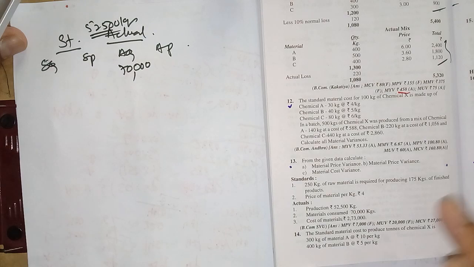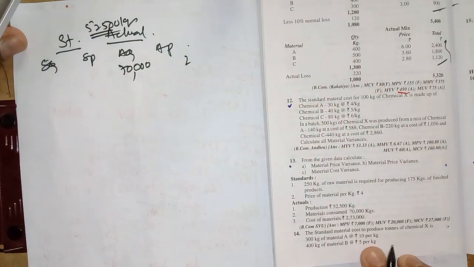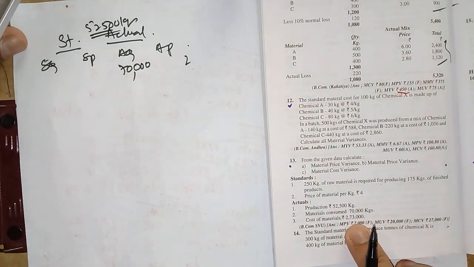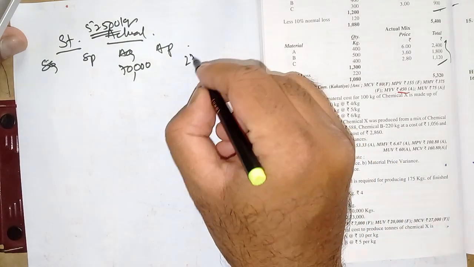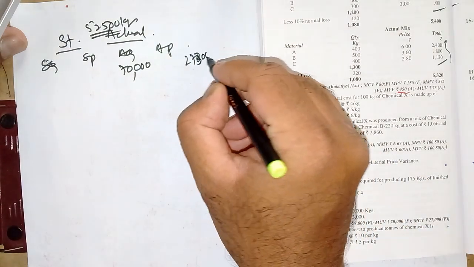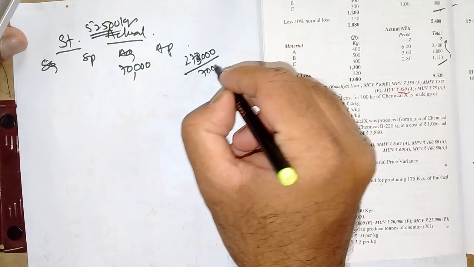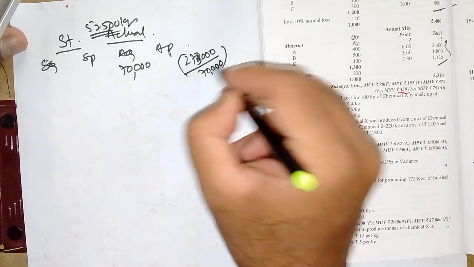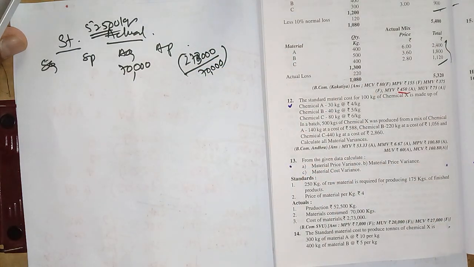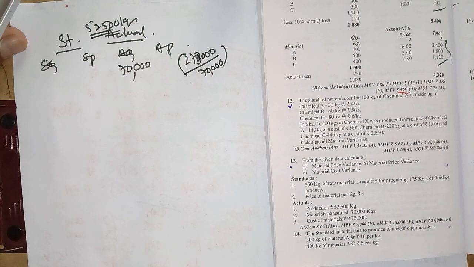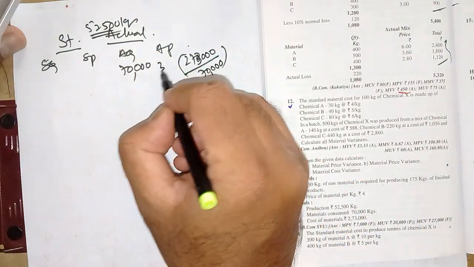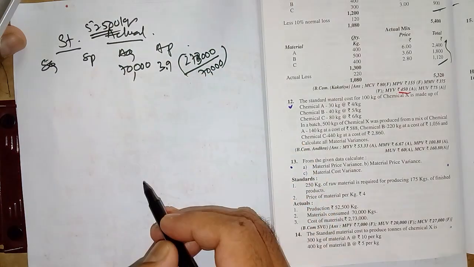So per unit is how much? 2 lakh 73,000 is the expenditure we incurred. So 2 lakh 73,000 divided by 70,000 comes to 3.9, right?